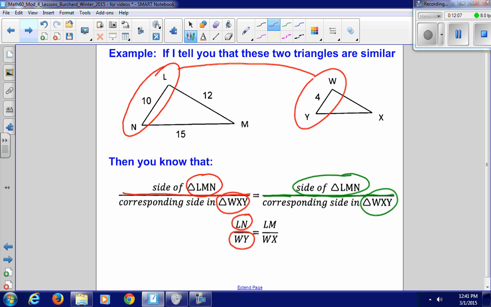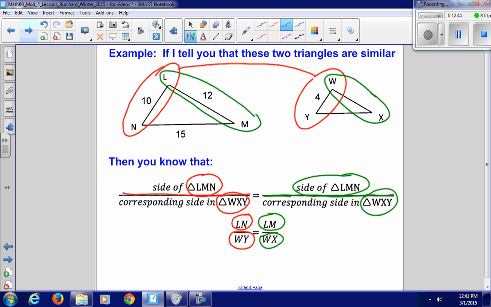In another video we talked about how to figure out what the corresponding sides are. So then, if those two are in a ratio together, then it means I can take any two other sides and put them in a ratio. And so that means I could pick LM over here, so that's this side here, and that'll correspond to WX over here.